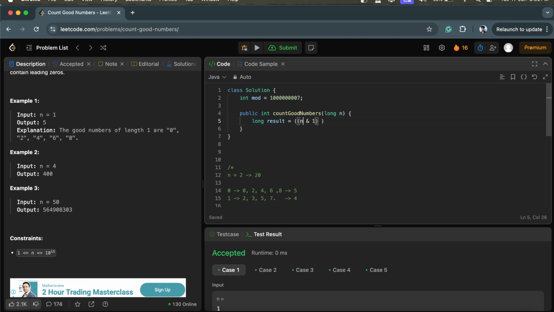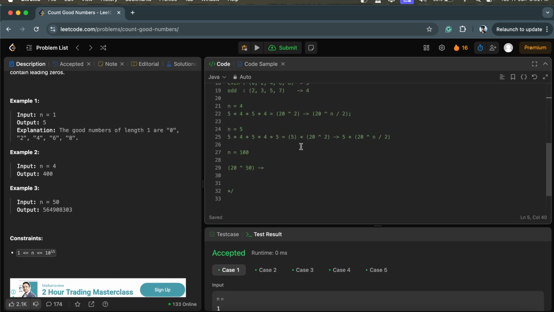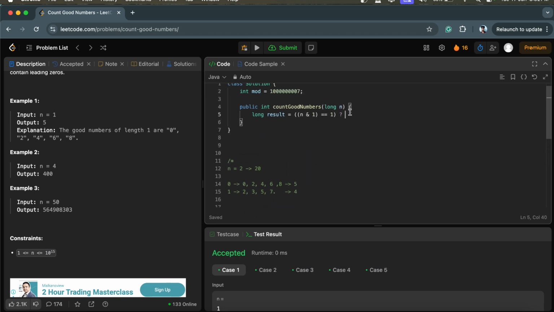If the rightmost bit is 1 in the binary representation, of course that number is going to be odd. So if the AND operation with 1 gives 1, it is an odd number, and we multiply that value with 5 and get the power of this number.